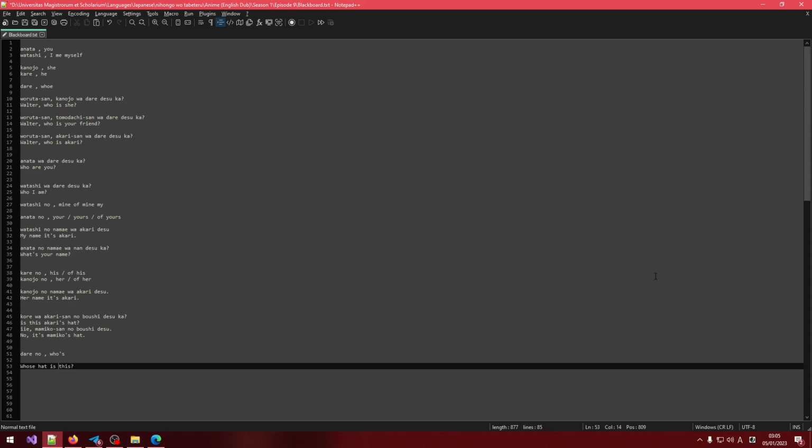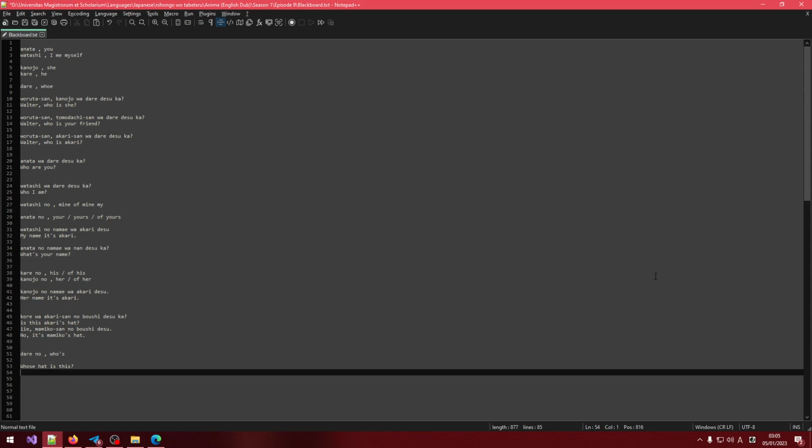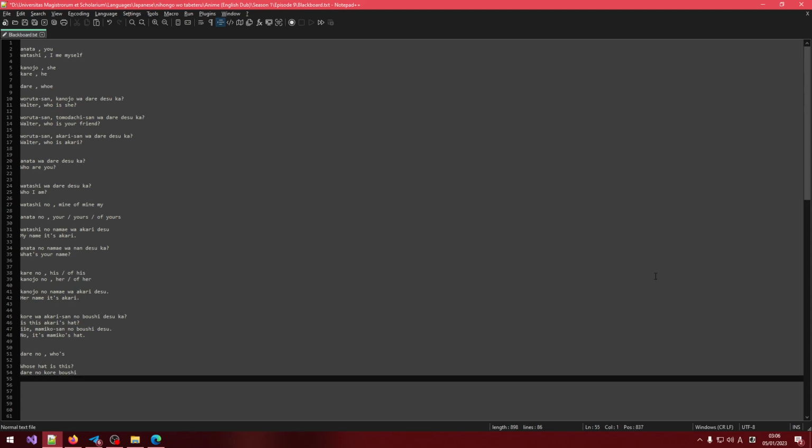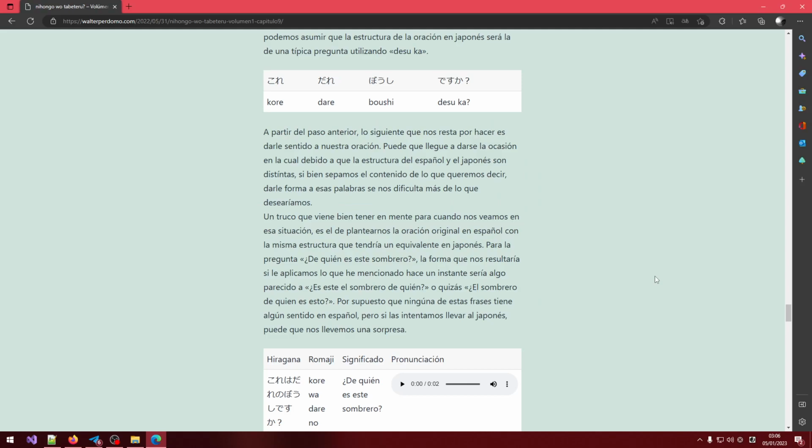So basically, I'm becoming lazy. So whose is that, I know. This これ and hat, 帽子. How do we combine this vocabulary? Let's take a look at it.